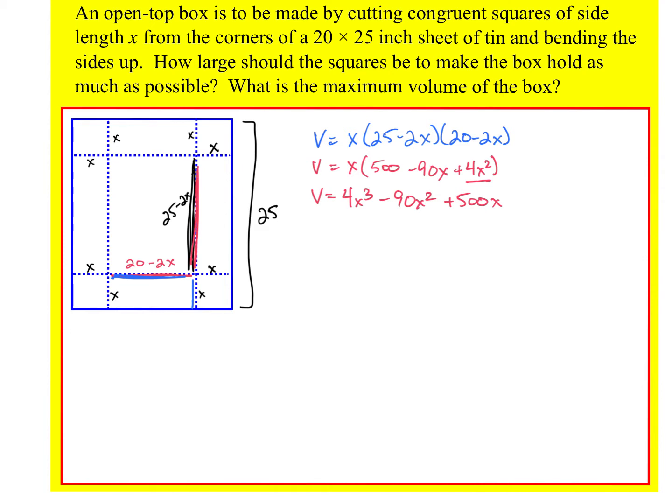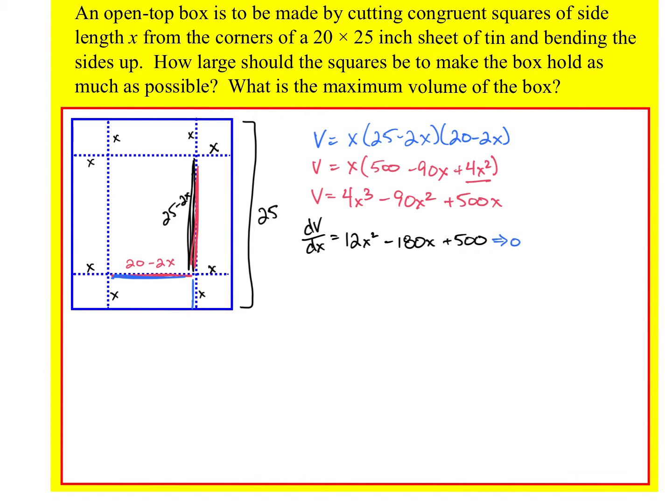My variable is x, so my derivative would be dV/dx. We do the power rule, so we get 12x squared minus 180x plus 500. Now, we're going to set that equal to 0.